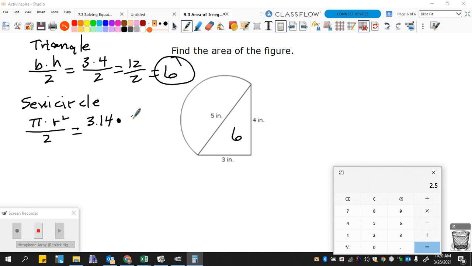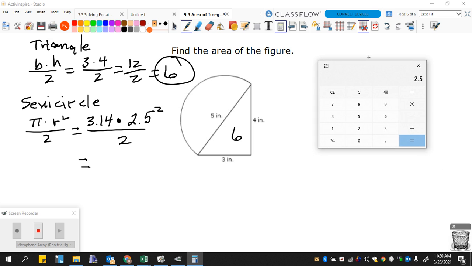So we got 2.5 squared divided by 2. All right. When we do that, 2.5 times 2.5, that's the squared, that's 6.25.